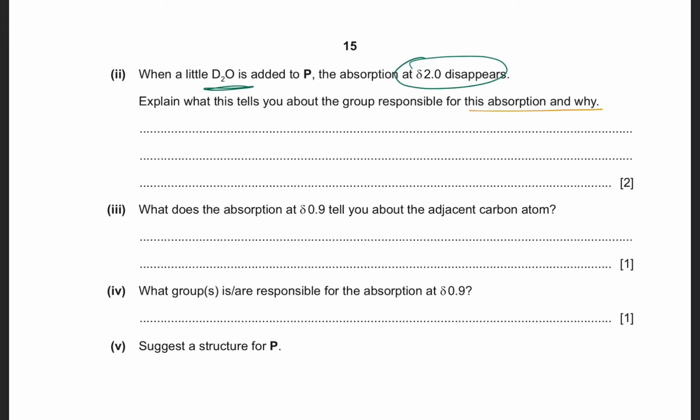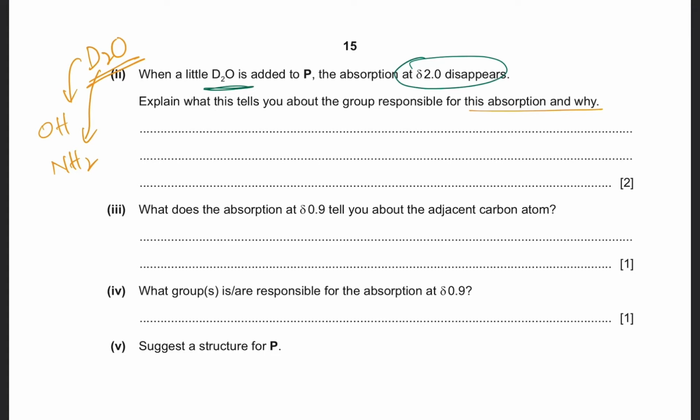So basically this is due to proton exchange. We have studied that if a molecule has an OH group or an NH2 group present in it, and we add D2O, which is heavy water containing the heavier isotope of hydrogen, that is deuterium, deuterium will replace H from the OH or from the NH2.